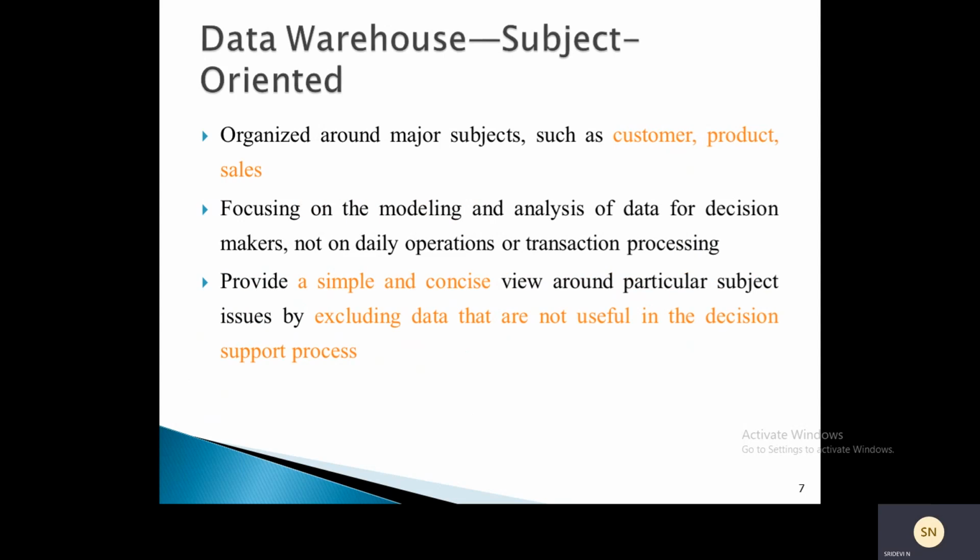Let's have a closer look at these key features. Subject oriented: what is subject oriented? A data warehouse is usually organized around major subjects such as customer, product, sales, and supplier, and it focuses on modeling and analysis of data for decision makers, not on daily operations or transaction processing.